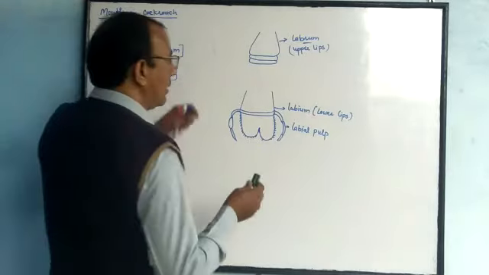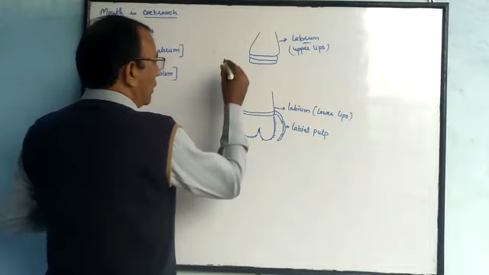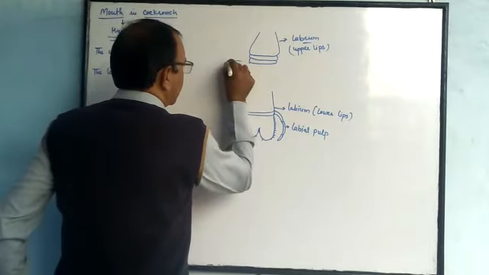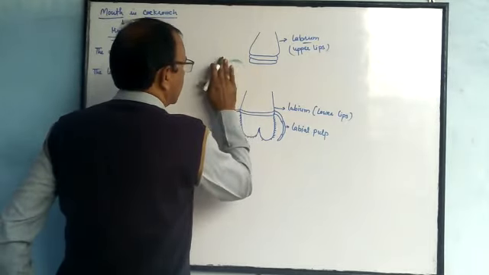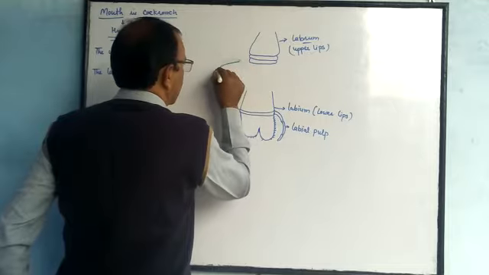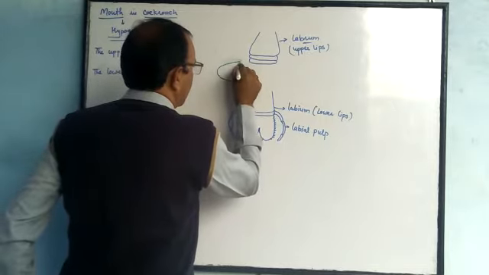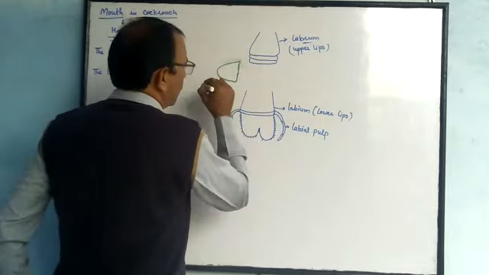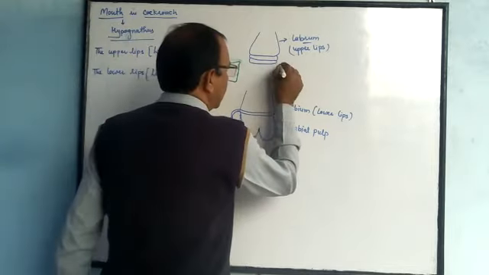Just below the upper lip, two triangular structures are present.